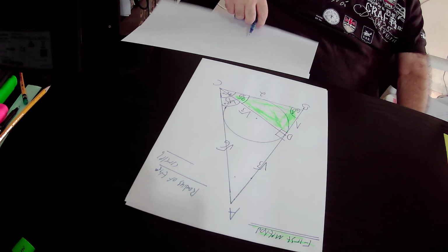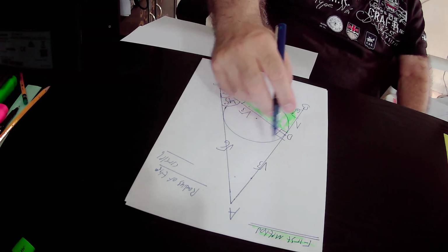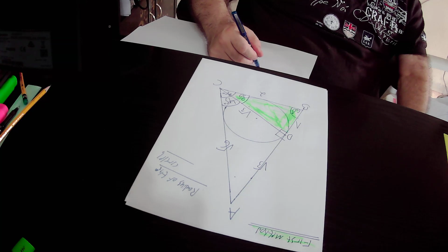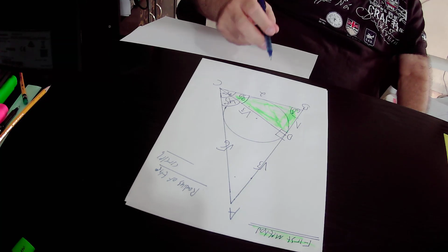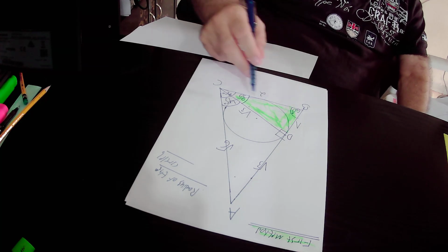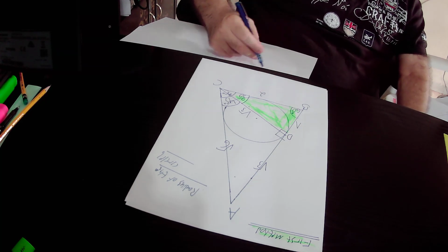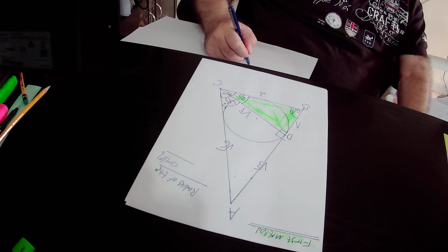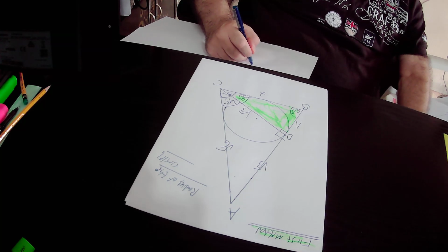Here we will choose the base of triangle ABC as AB. The height to the base will be DC, divided by 2.